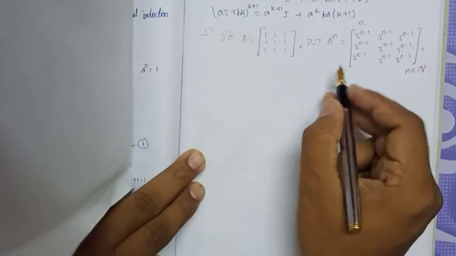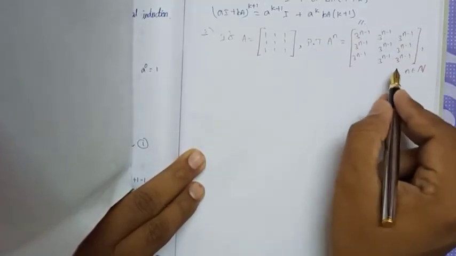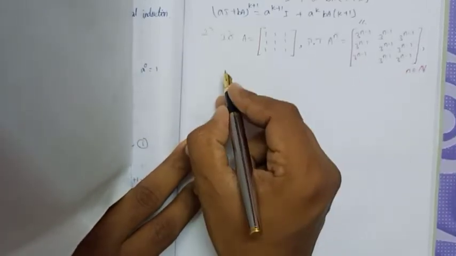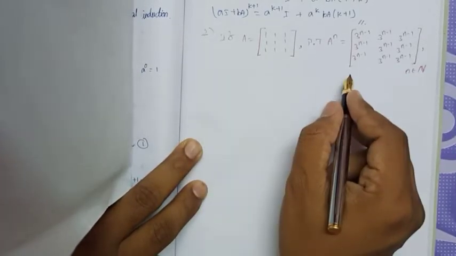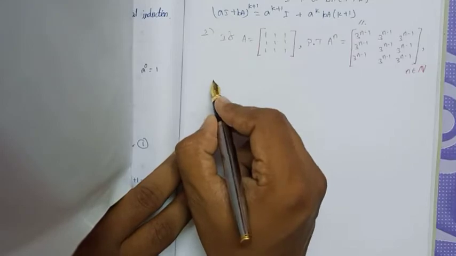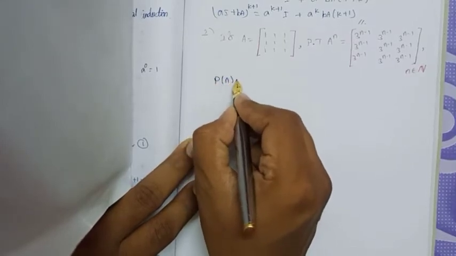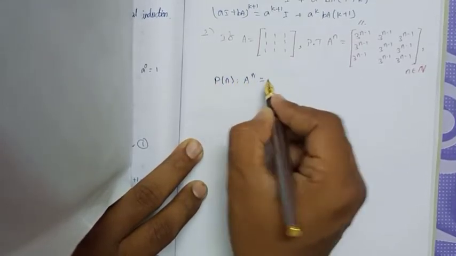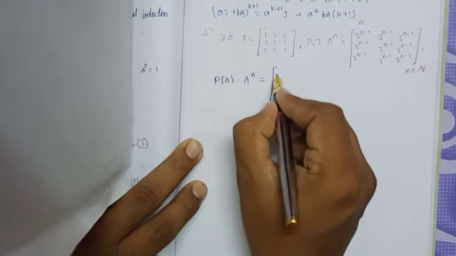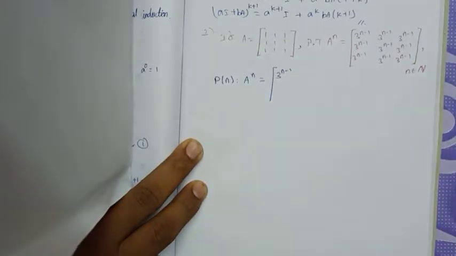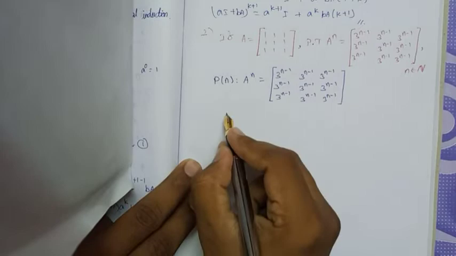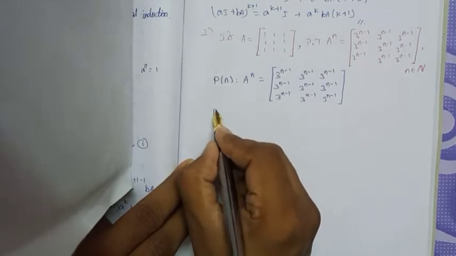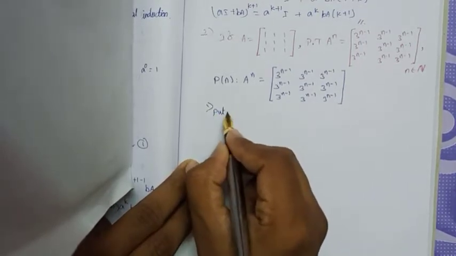This is the given problem, and prove that A^n equals this matrix. Okay, now we also use the principle of mathematical induction. So we take P(n) is A^n, which is equal to 3^(n-1). So this is P(n). Now the first case is put n equal to 1.